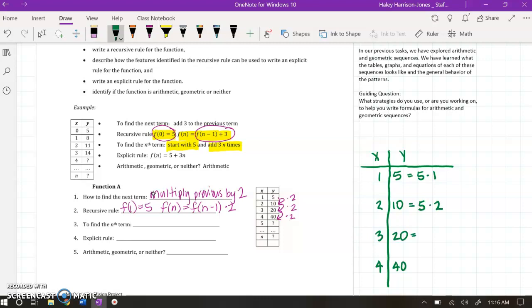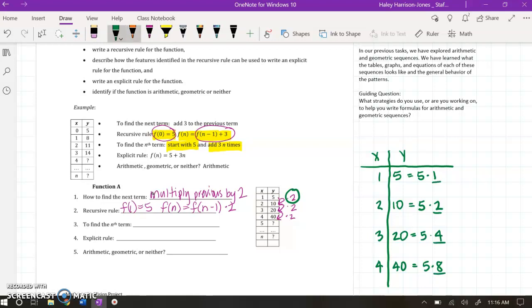I can get to 20 by saying 5 times 4. And I can get to 40 by saying 5 times 8. Notice we always started with 5. I know that my rate is 2.